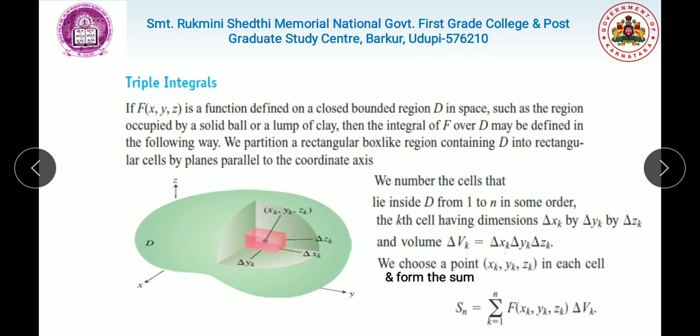Now we choose an arbitrary point xk, yk, zk in each of these cells and form the sum Sn equal to the sum, k running from 1 to n, of the product of delta vk with the function value at xk, yk, zk.